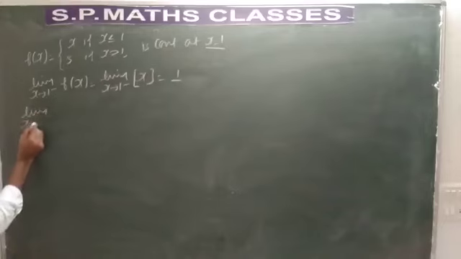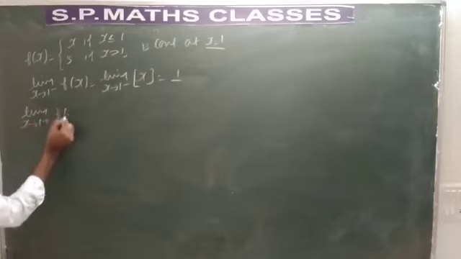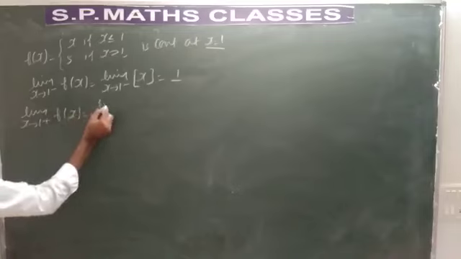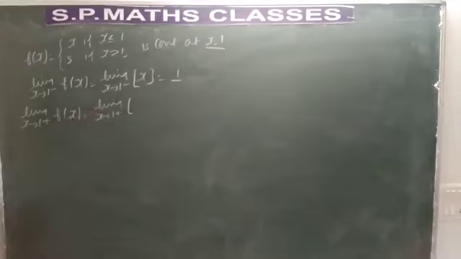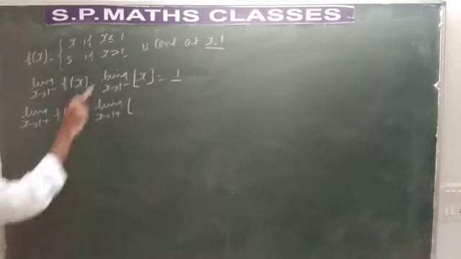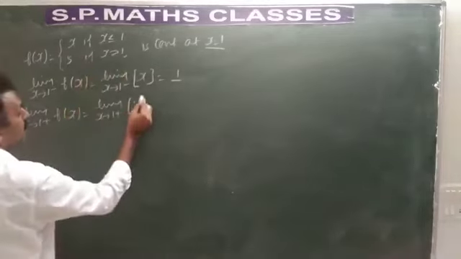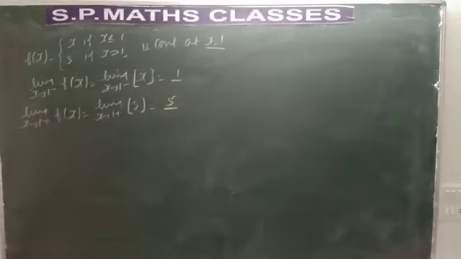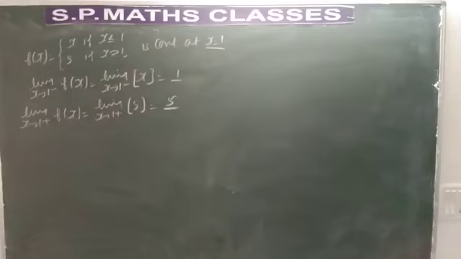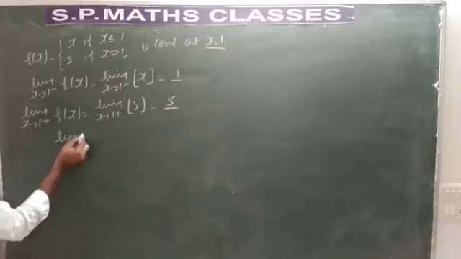Limit as x tends to 1 plus of f of x. What is f of x? 1 plus means greater than 1, where it is given as 5. So it is a constant function. Even if we substitute, we get 5 only. Here the left hand limit is 1, the right hand limit is 5. What is your conclusion?